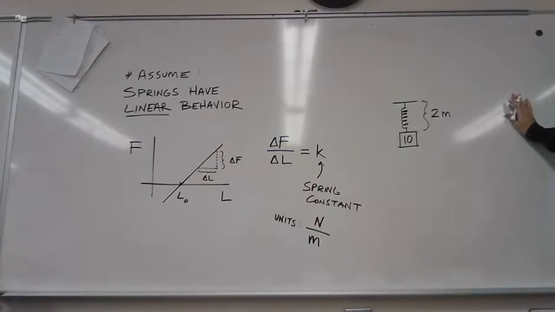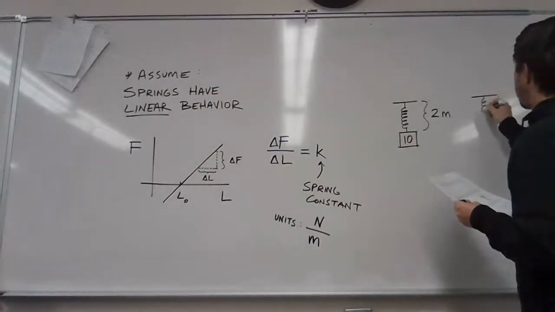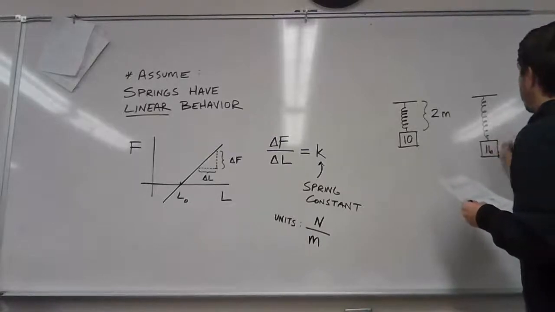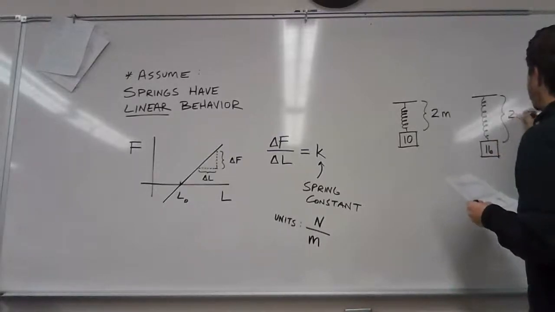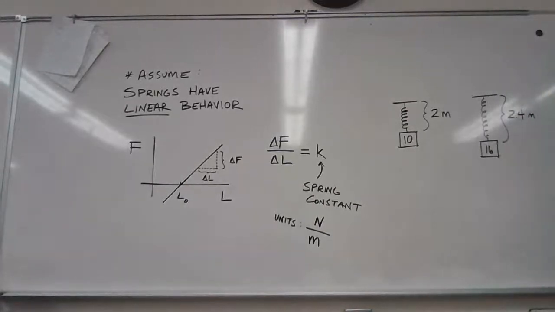If we remove that block and replace it with a 16-kilogram block, the spring is now 2.4 meters long. Find the spring constant of the spring.